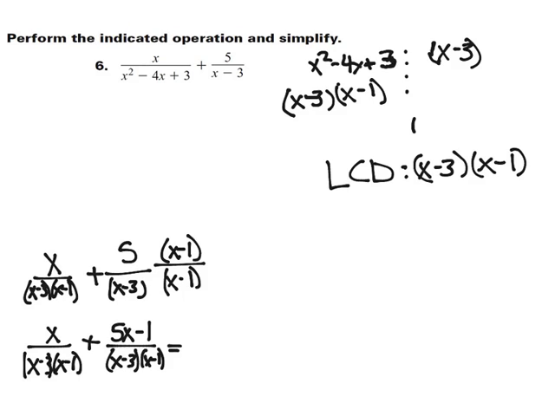So now I have common denominators. I've multiplied the top and bottom by both x minus 1 on the right. I can add those up, and I end up with 6x minus 1 over x minus 3, x minus 1. 6x minus 1 does not factor any further. So I can't cancel anything, so therefore that is the simplest form of that.